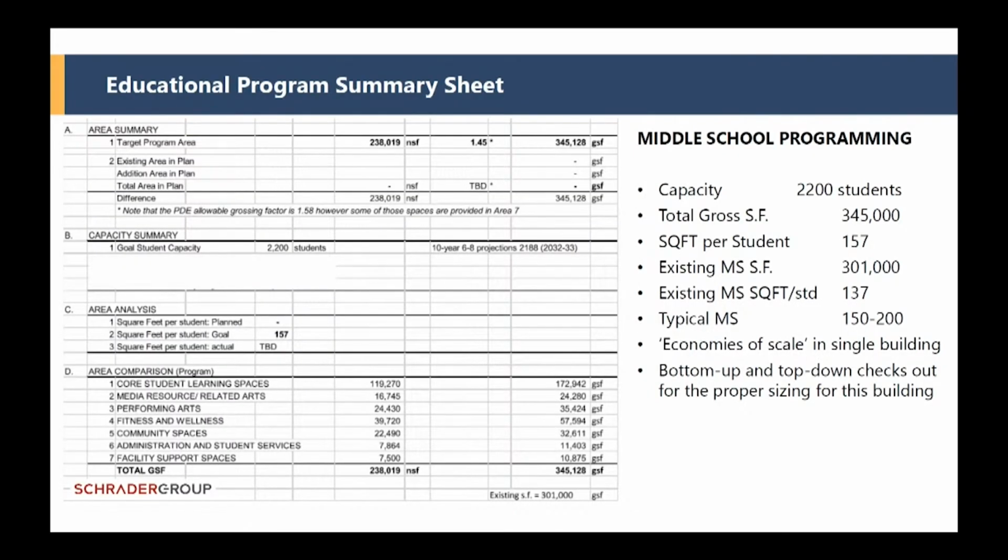Okay, thank you, Phil, and good evening, everybody. So what you're seeing here is a summary cover page that is a cover of about 8 or 10 different pages of educational programming. Several years ago, we sat down with your secondary middle school program staff, actually it was the administration in general, and went through what would support students for the next generation of learning, thinking the whole time about flexibility for the future as well.